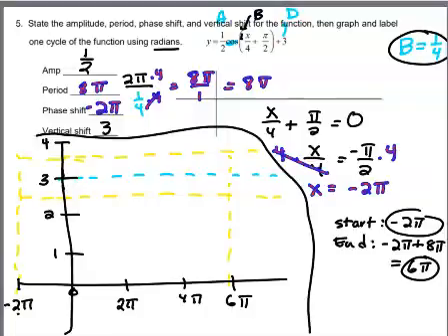I want to draw my graph in the yellow rectangle. So I might even just get rid of some of this because I don't want to get confused. And my cosine graph, and it's a regular cosine graph, not negative, is going to fit in between that circle.